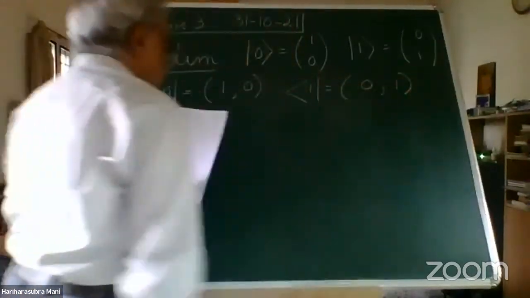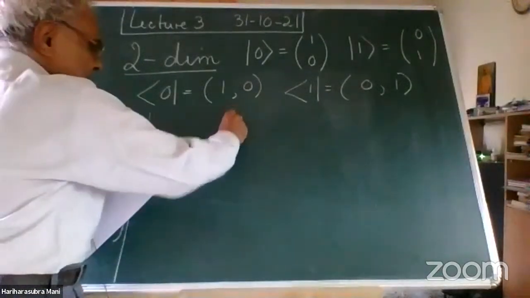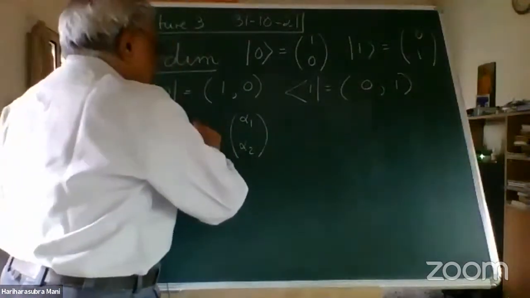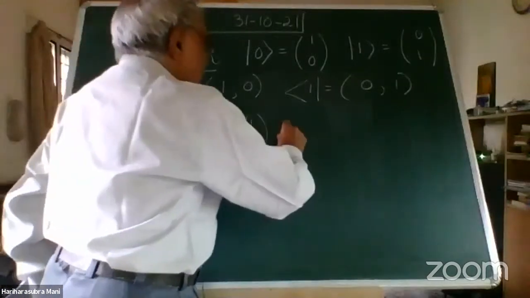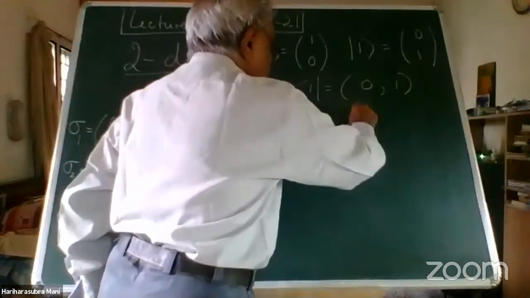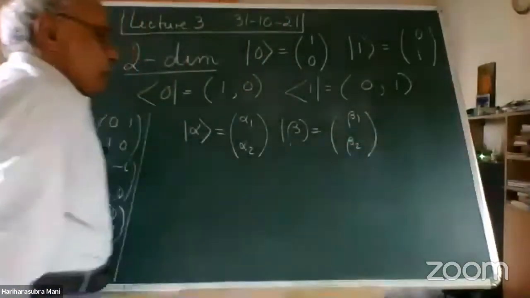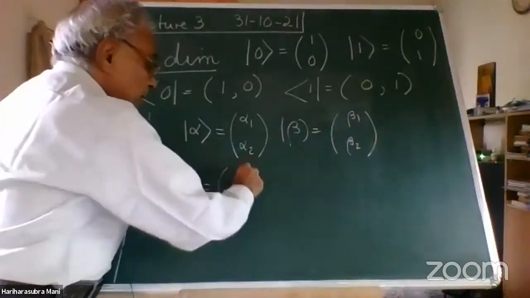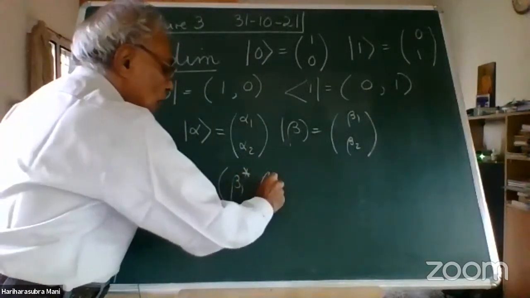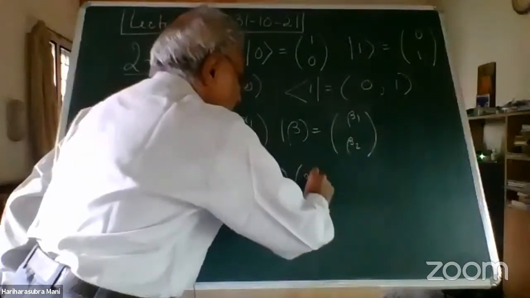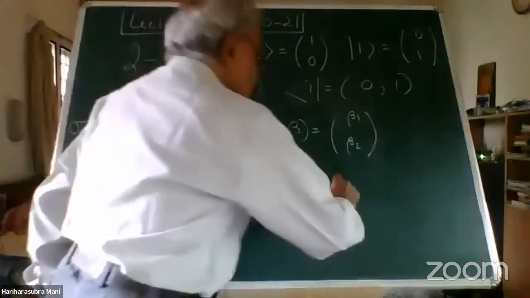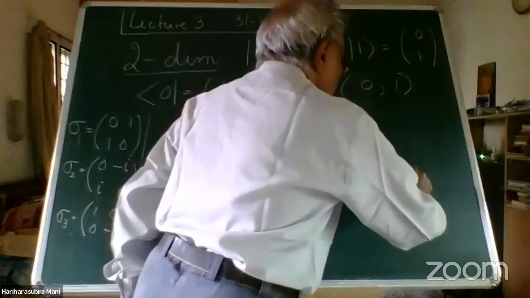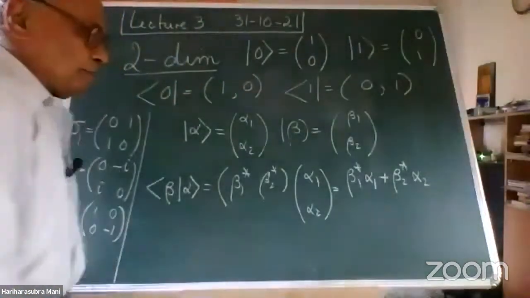So if I take any arbitrary vector alpha with components alpha 1, alpha 2 in this space, and beta is another arbitrary vector, then the scalar product beta alpha would be (beta 1 star, beta 2 star) times (alpha 1, alpha 2), which is beta 1 star alpha 1 plus beta 2 star alpha 2.